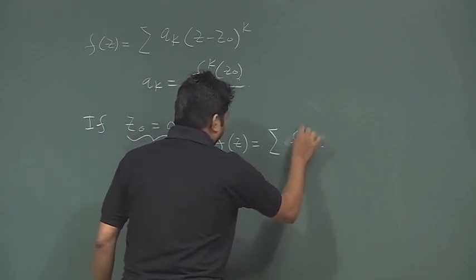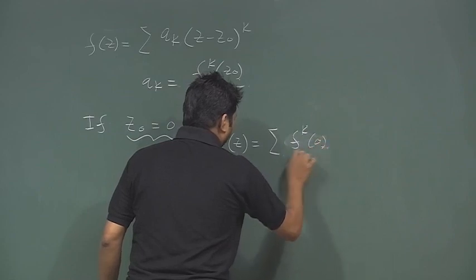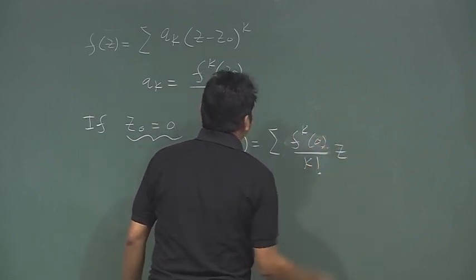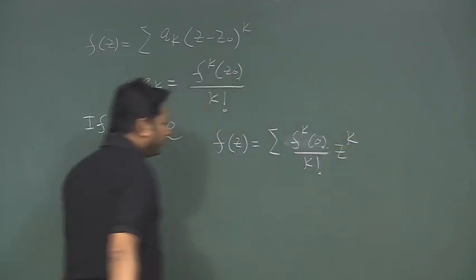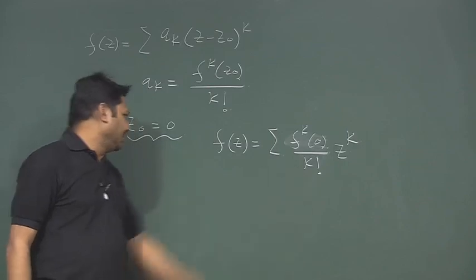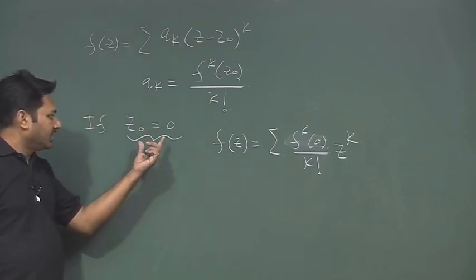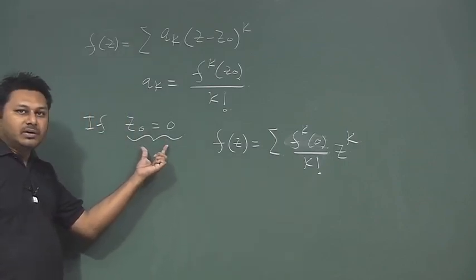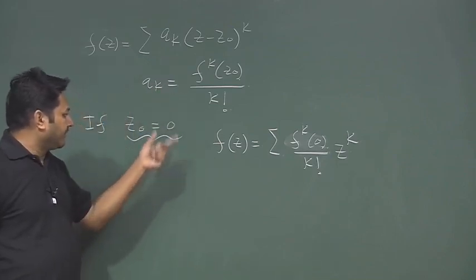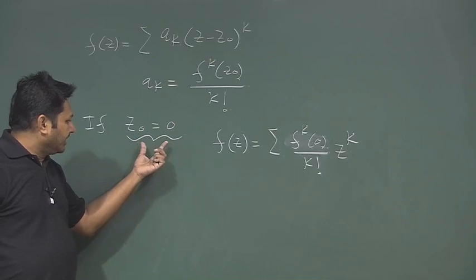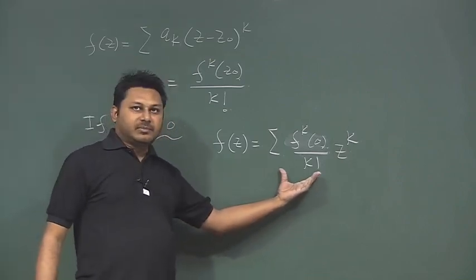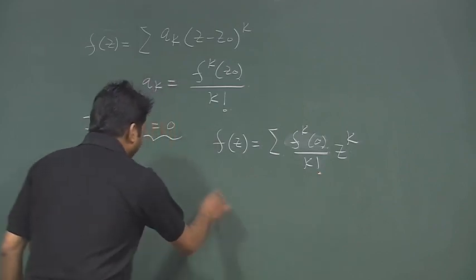So, f^(k) at 0 divided by factorial k, times z to the power k. The same function is now represented in this way, since I put z0 equal to 0, because z0 is the point around which I try to expand my function, but I put z0 point as 0. If I do that, then I have another expression. So, this is called the Maclaurin series.